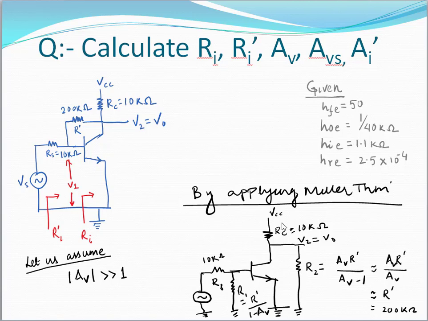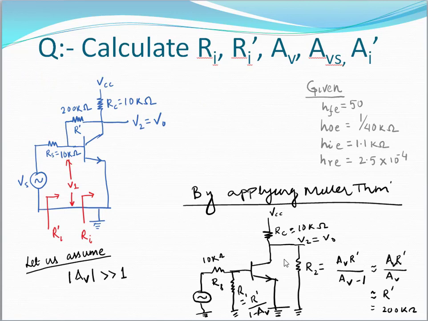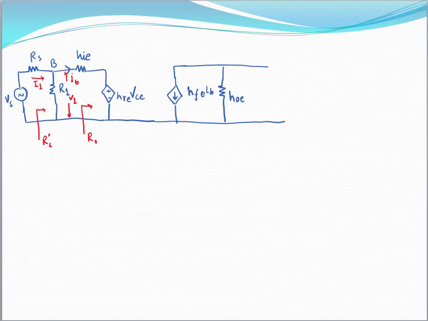In the same way, one terminal of RC is connected to the collector terminal, and the other would be grounded, because VCC becomes ground when we analyze it for the hybrid analysis. So both resistors, RC and R2, will come in parallel, and it will come in here like this.